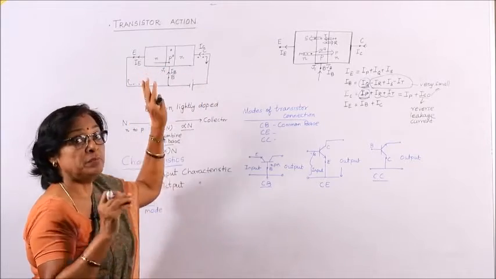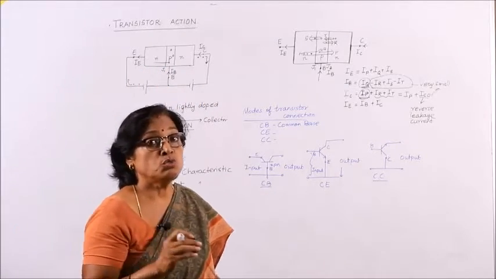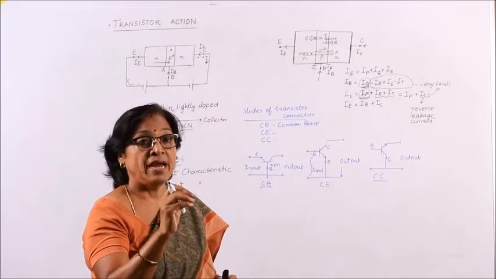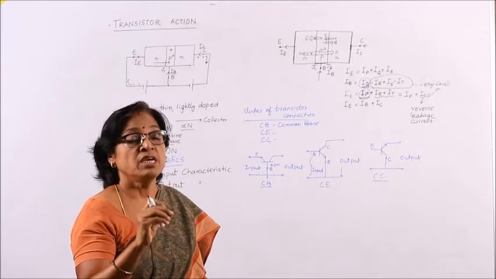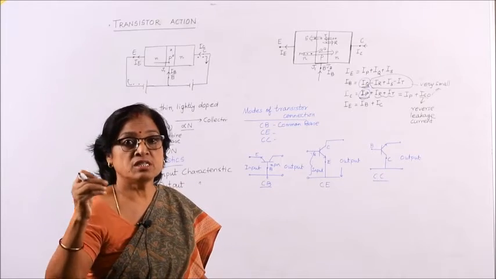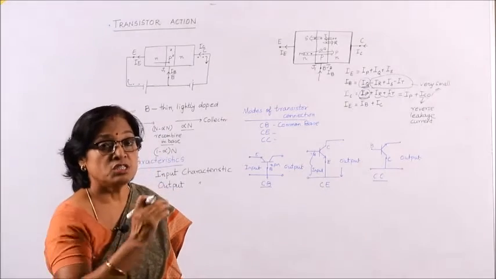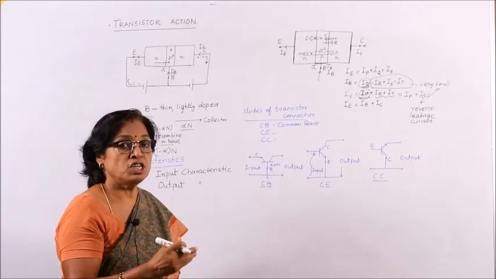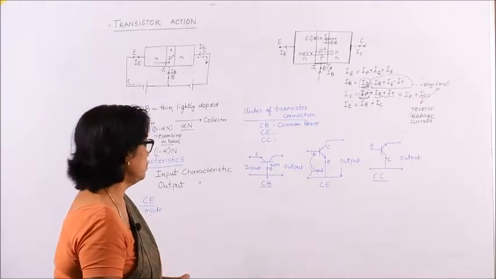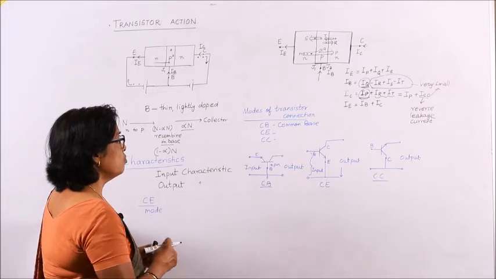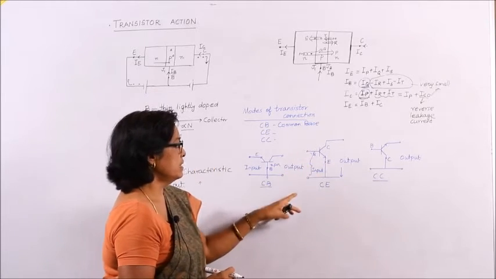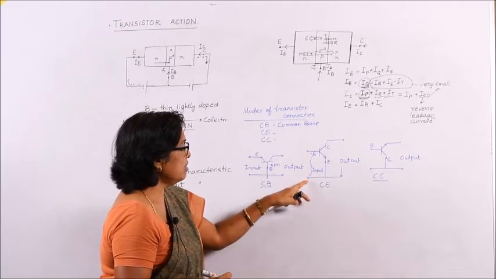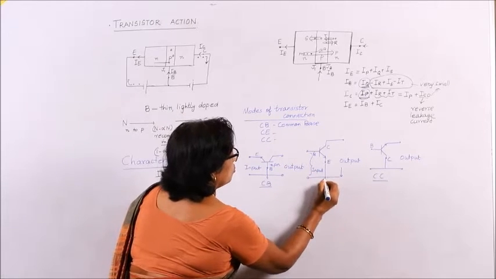In a PNP transistor it will be holes which move from P to N and some will be recombined with the electrons in the base and the rest of the holes will reach the collector. Similarly, just as you have an NPN transistor, you can explain the PNP transistor. So, a common emitter mode means this mode. If this is the input circuit, then base and emitter, this is my emitter which will be earthed.